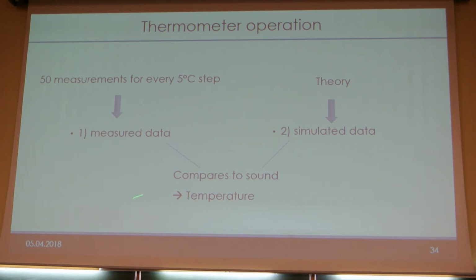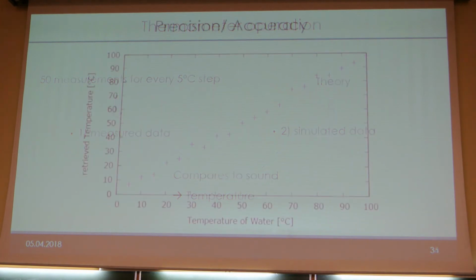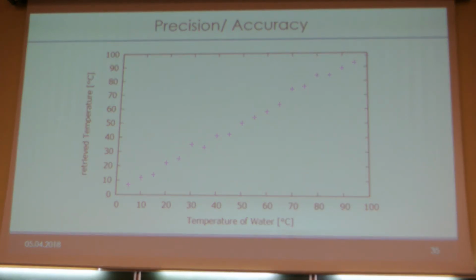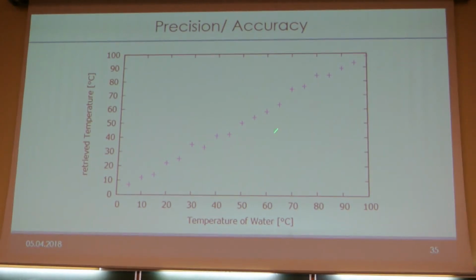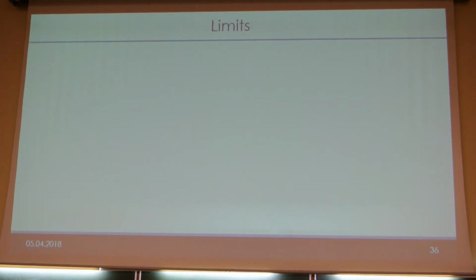Then we record our sound, and the program can compare the recorded sound with the stored sounds and find the best fitting sound wave. When we look at this plot of the temperature of the water that we measured with a normal thermometer and our reduced temperature, we see that it's already quite a nice approximation.